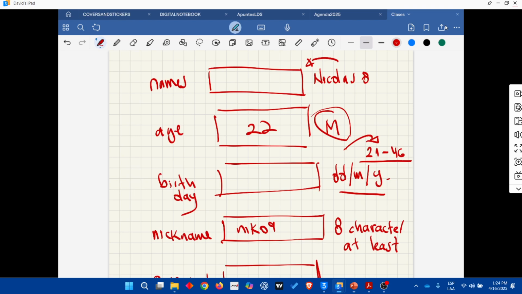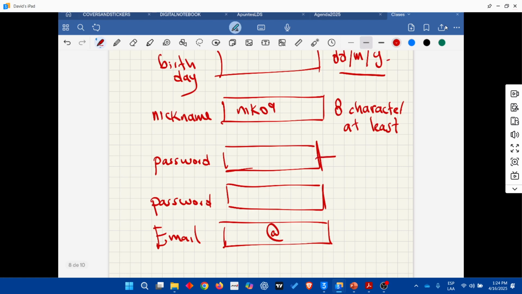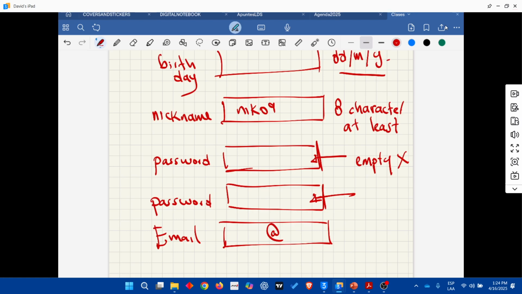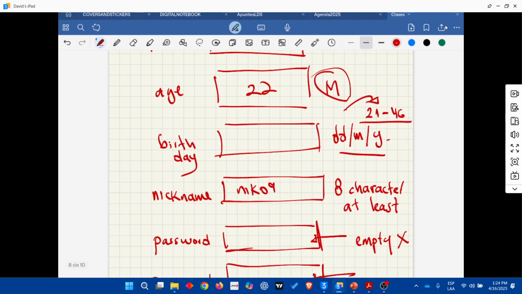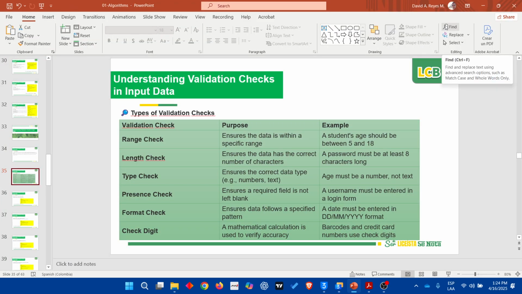That means that you are going to be sure that, for example, you put something here. These fields cannot be empty. That is presence check. Format check. This one that I told you that, for example, your birthday must be in this format, día, mes, año, and your email must have the arroba, the at. Okay, that is format check.